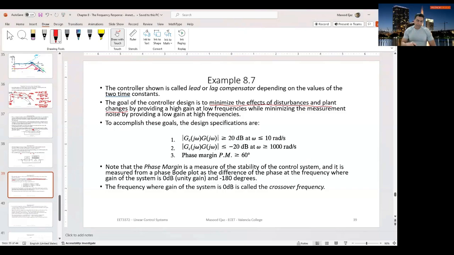So remember, in the plants, a few things are changing, which are the sunlight, your temperature, and your load. And of course, you can have external disturbance to the system as well. So to minimize their effect, we want a high gain at low frequencies.